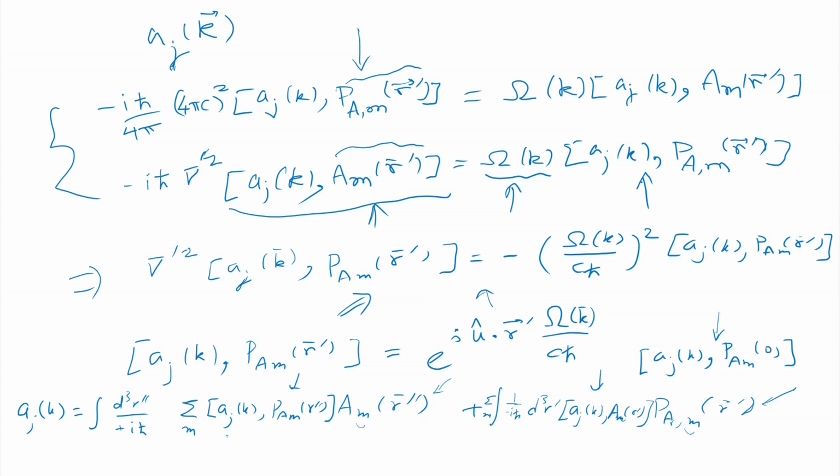I am going to substitute these kinds of expressions, and remember that once I know the commutator of A and P, from this relation I also know the commutator of A with the vector potential. So I know everything as a function of r dash, so long as I fix the other quantities there. I am going to use these two and substitute in the expression for A, and I get this result.